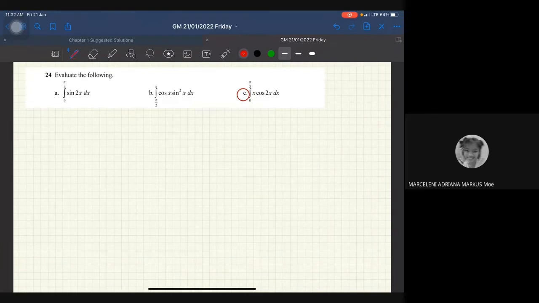Okay, so untuk soalan ni, sekali imbas, sekali pandang. So what methods of integration that you will be using? Substitution ke, direct ke, by parts ke, partial fractions? Substitution, kalau substitution awak nak guna U as apa?